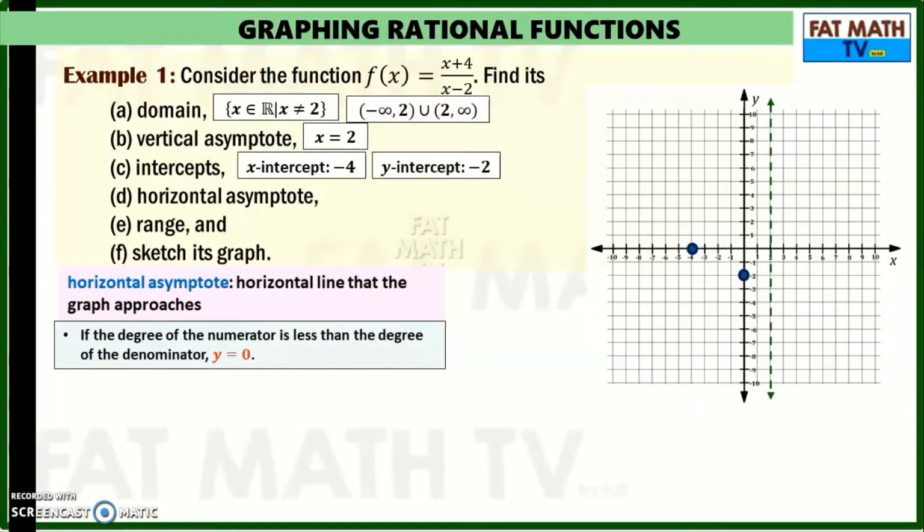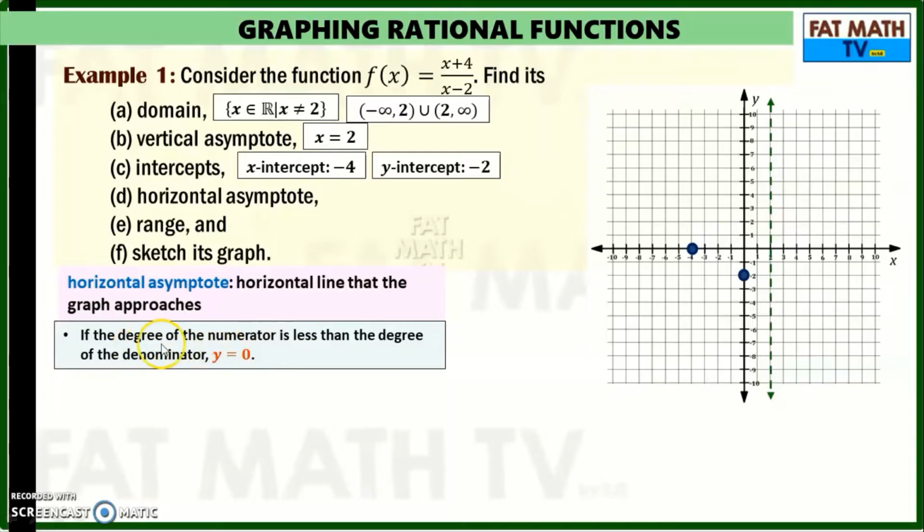So here is what you're going to do to find the horizontal asymptote. You need to look into the degree of the numerator and the degree of the denominator. So the degree of a polynomial is its highest exponent.